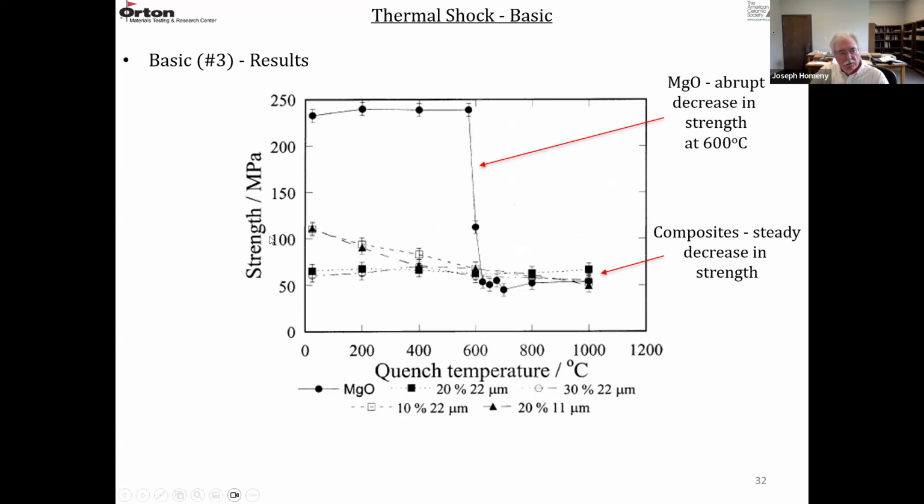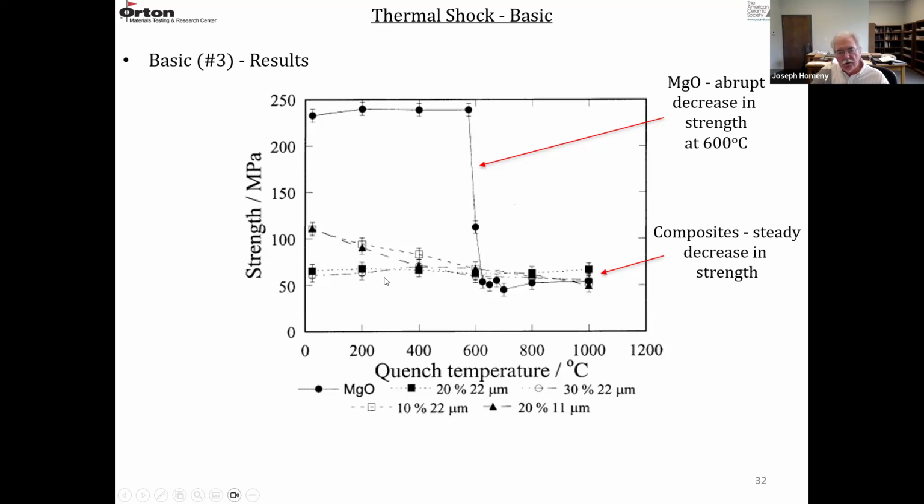So this is the strength versus quenching temperature, the delta T. This is pure MgO. It's a strong material. It wasn't designed to resist thermal shock. So you can see when you reach a delta T of about 600, there's an abrupt loss in strength. And then there's basically a constant strength.